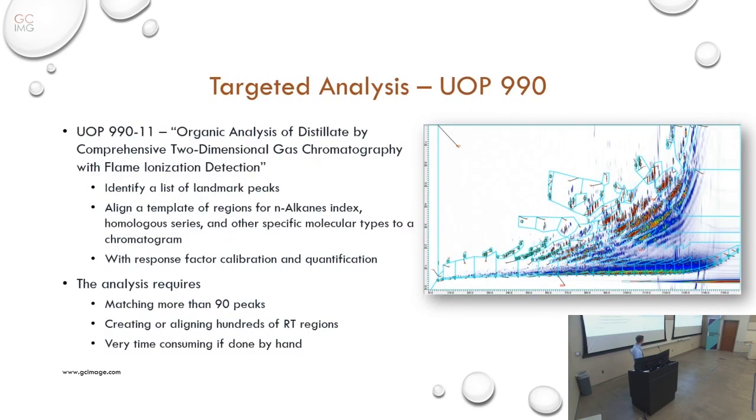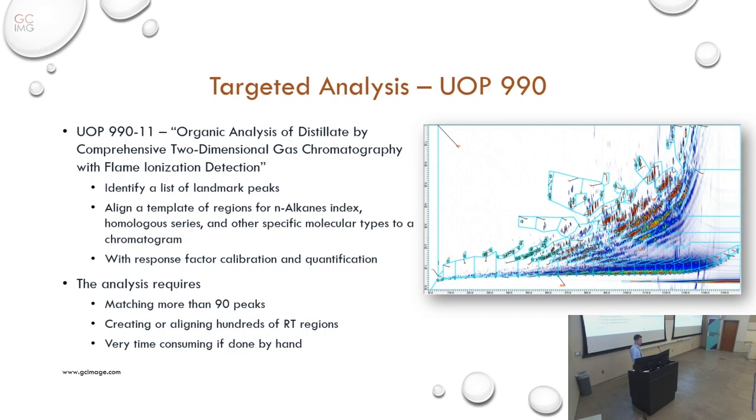Similarly, UOP 990 involves identifying specific peaks and regions. In this case, a more complex template is required, involving matching 90 different peaks and hundreds of retention time regions. As you can imagine, that would be a very time-consuming process if done by hand.